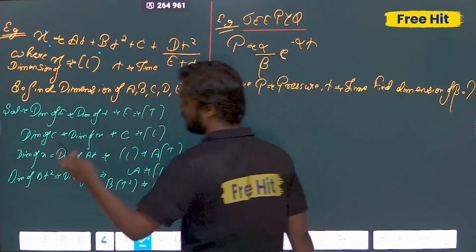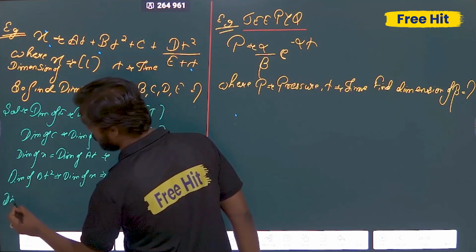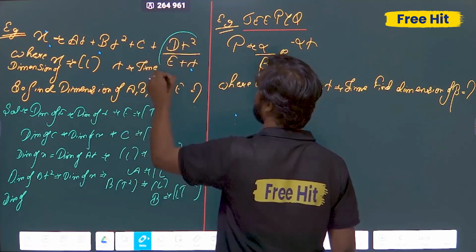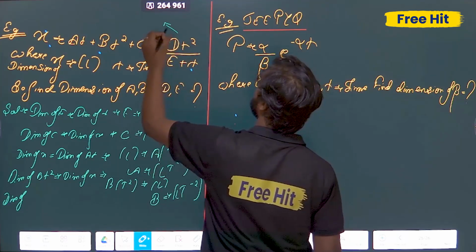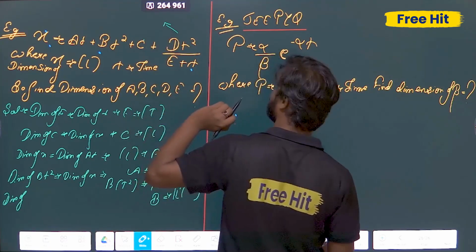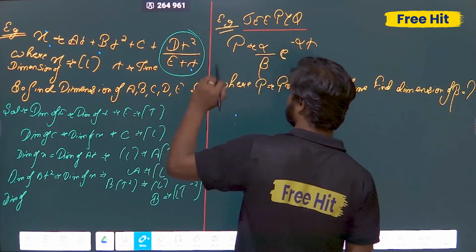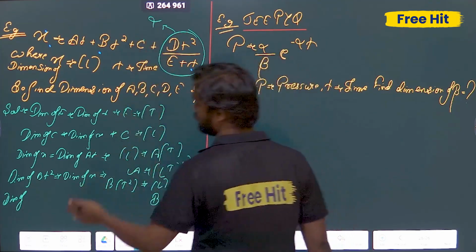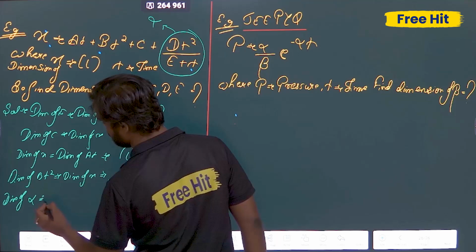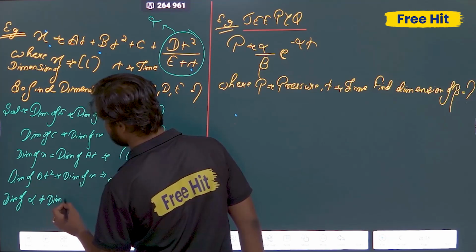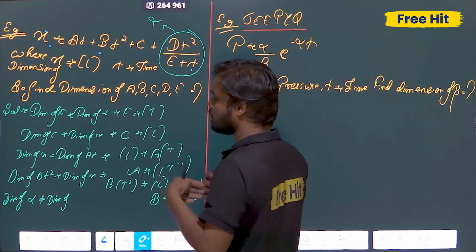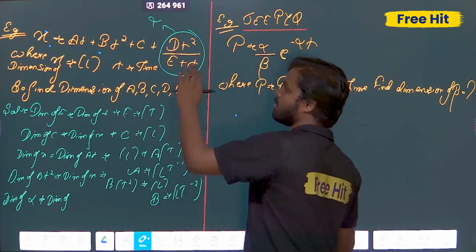So for simplicity, let's say this whole term is equal to something, you can take A, B, C, D, something like that. Suppose I take it as some alpha. Okay, so the dimension of alpha should be equal to the dimension of, now whatever quantity you want, but I will write those quantities from which I can solve it easily.